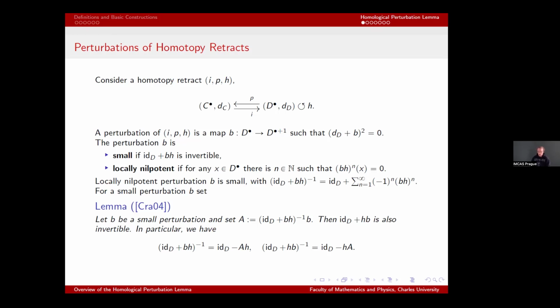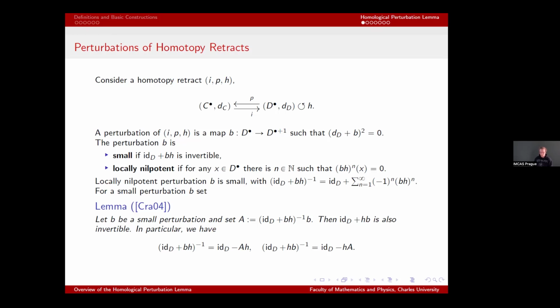So here is an explicit formula for the inverse of this map in such a case. In Kranik's paper, there is this lemma that if I have a small perturbation, then this map is invertible. But what if I also consider identity plus the composition in the other order, HB? Then this is also an invertible map, and this lemma states the explicit formulas for the inverses.